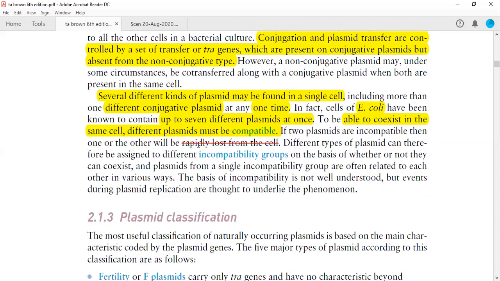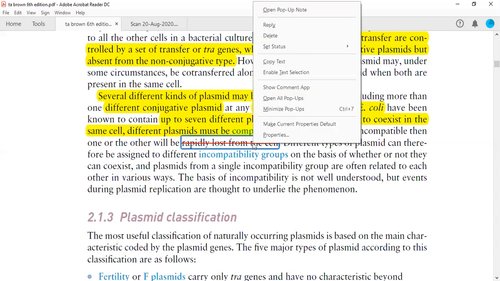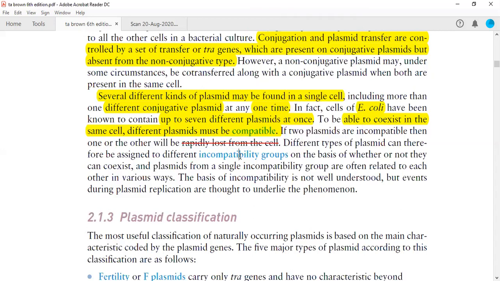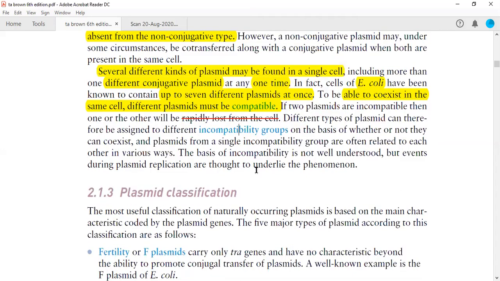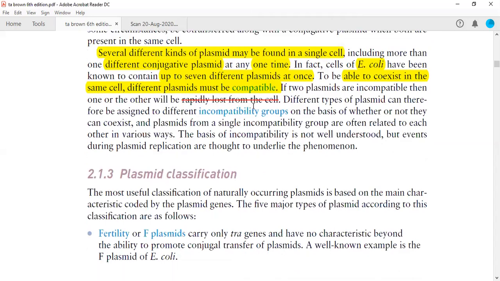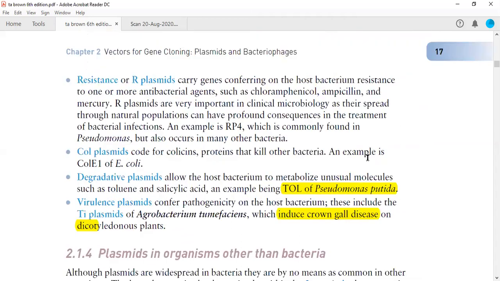They will be rapidly lost from the cell. Depending upon whether the different plasmids are able to coexist or not, we have made different incompatibility groups based on these observations.